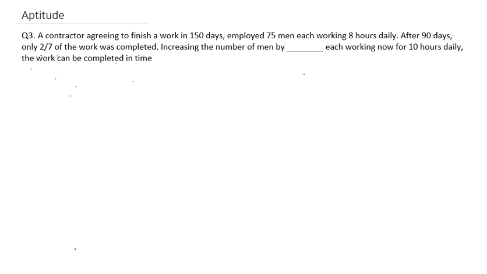So he's telling that after 90 days only 2/7 of the work is completed. So total man hours till 90 days will come like 75 men into working 8 hours daily into 90 days, which will be equal to 54,000 man hours.